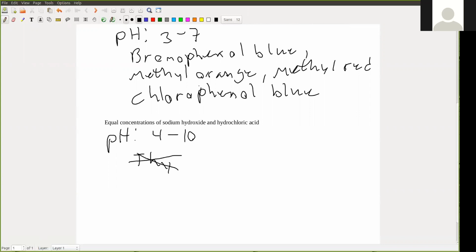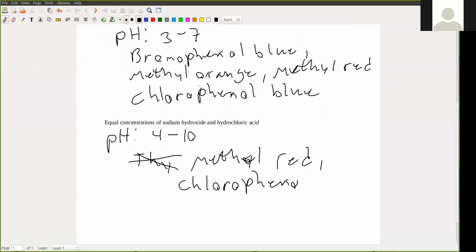So I wouldn't use thymol blue, I wouldn't use bromophenol blue or methyl orange, but you could use methyl red. You could use chlorophenol blue. You could use bromothymol blue.